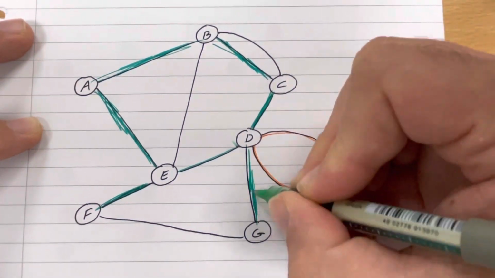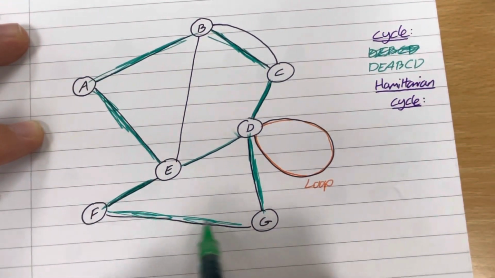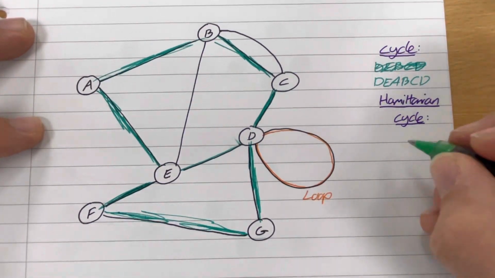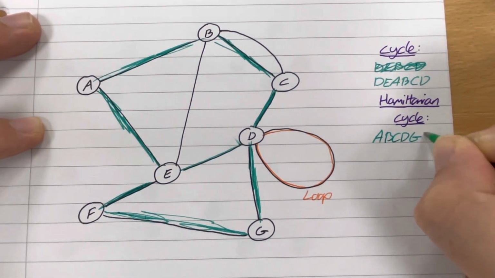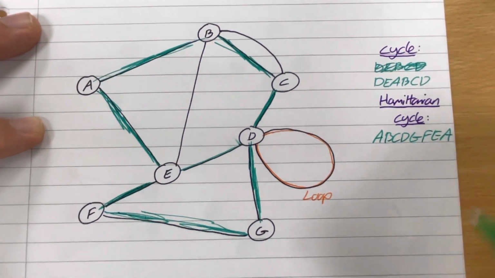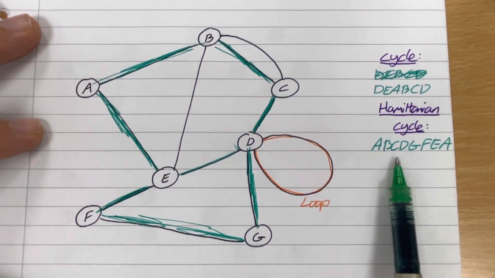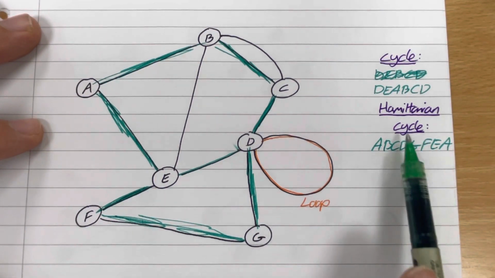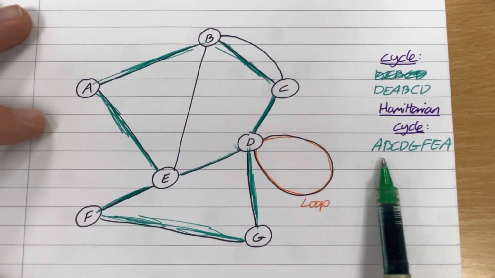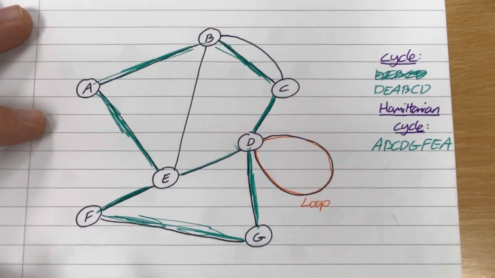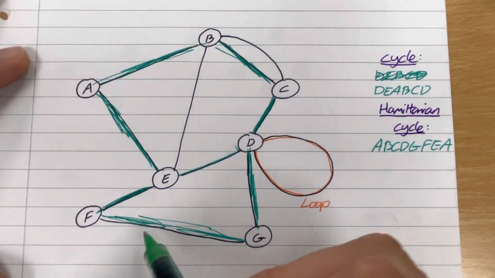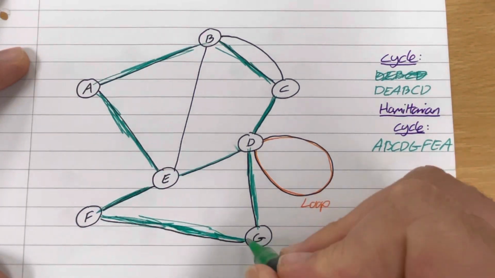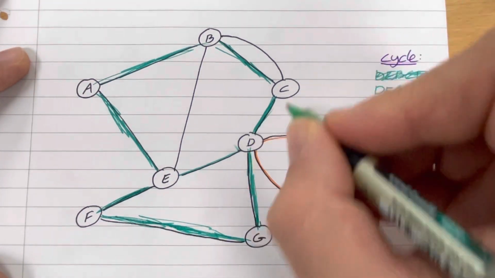Let's go down to G, and let's go back to F. So I'm going to label this one A, B, C, D, G, F, E, A. This is a cycle, but this is a particular type of cycle. This is called a Hamiltonian cycle, and that is because this cycle visits every node. It visits every node exactly once. So therefore, it is not just a cycle; it is a Hamiltonian cycle.